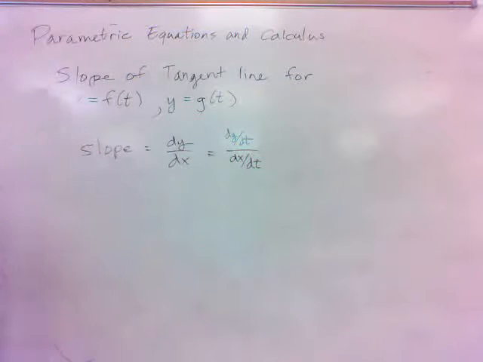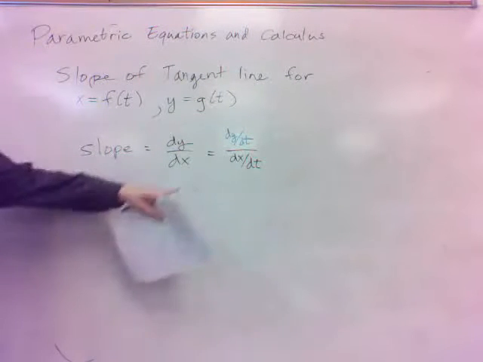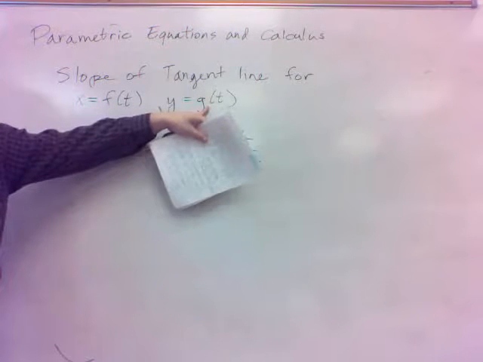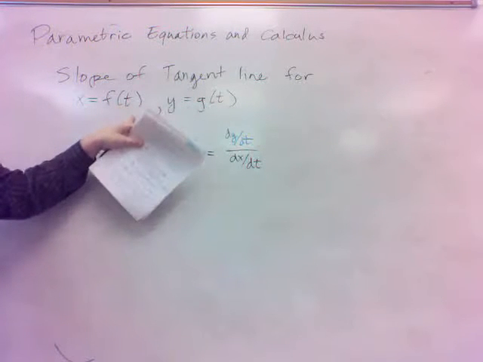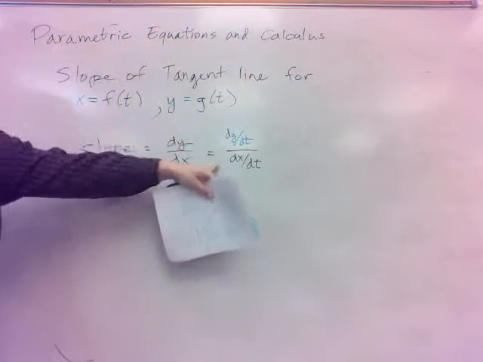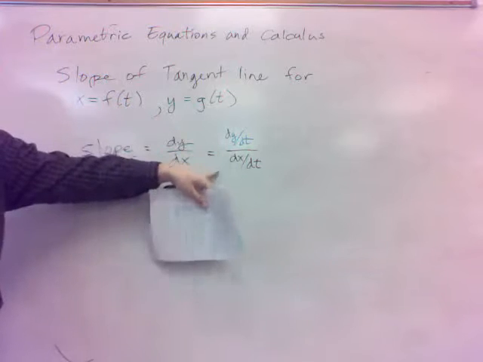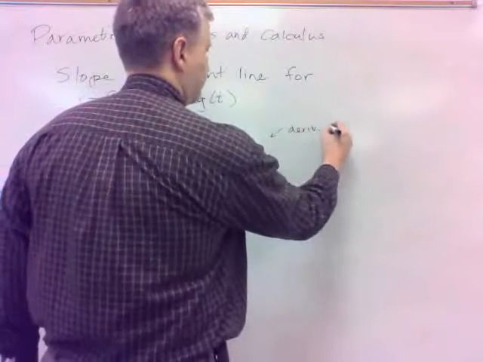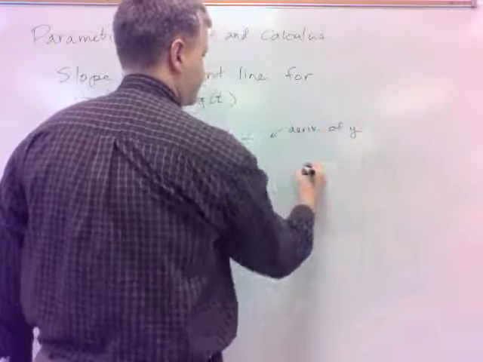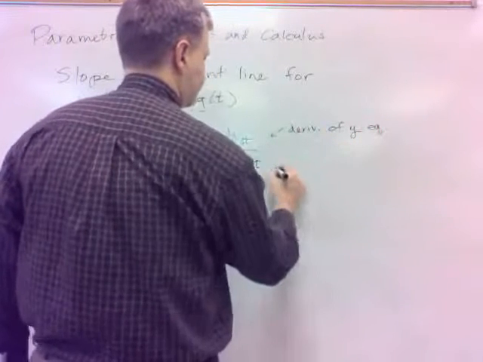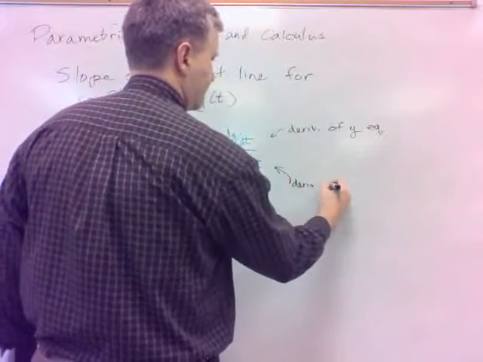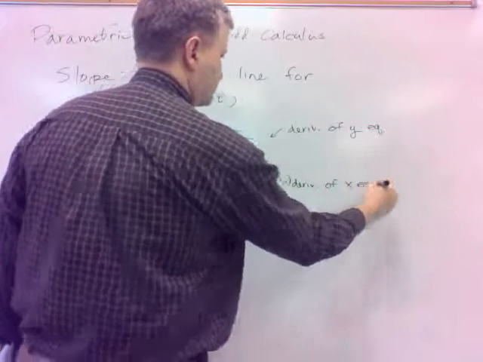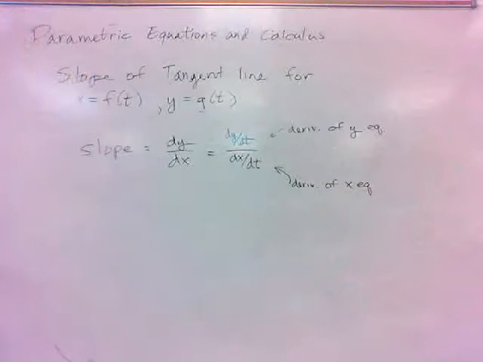In other words, the slope of the tangent line is going to be the derivative of the y equation over the derivative of the x equation in our parametric, because now both of those are in terms of t's.